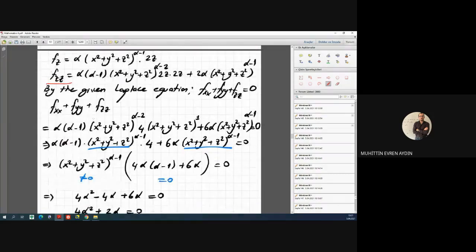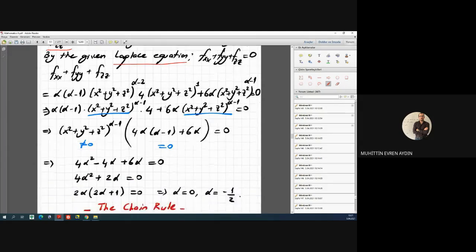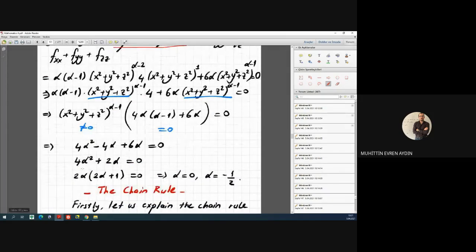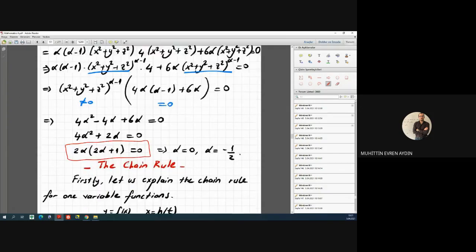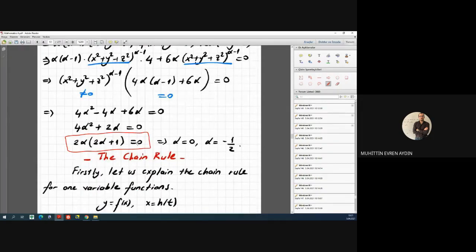And if you replace the values of derivatives into the three-dimensional Laplace equation, after some calculations, you obtain this equality. In order to satisfy this equality, alpha must be either 0 or minus 1 over 2.